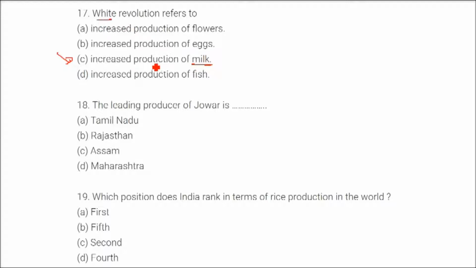That is why it is white. The leading producer of jowar, the coarse grain, is Maharashtra. Which position does India rank in terms of rice production in the world? The answer is second.